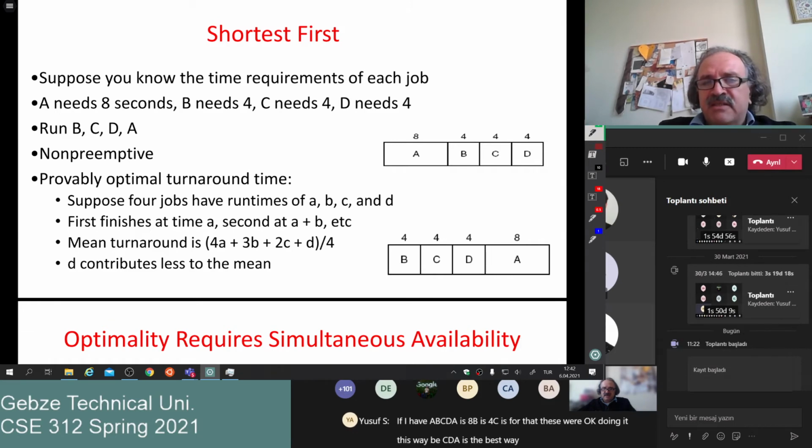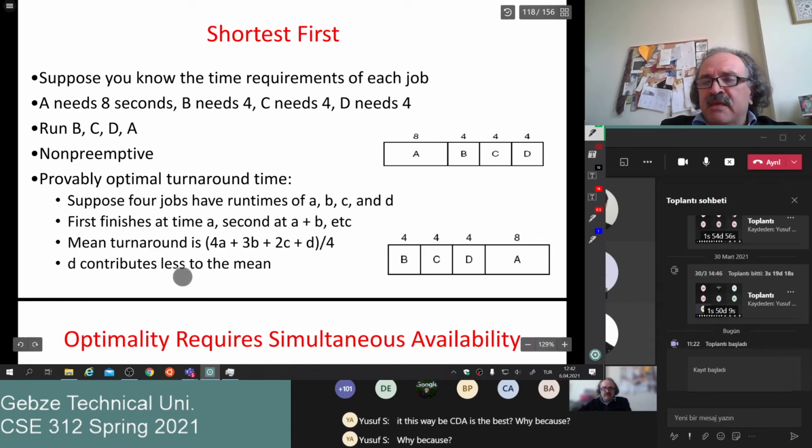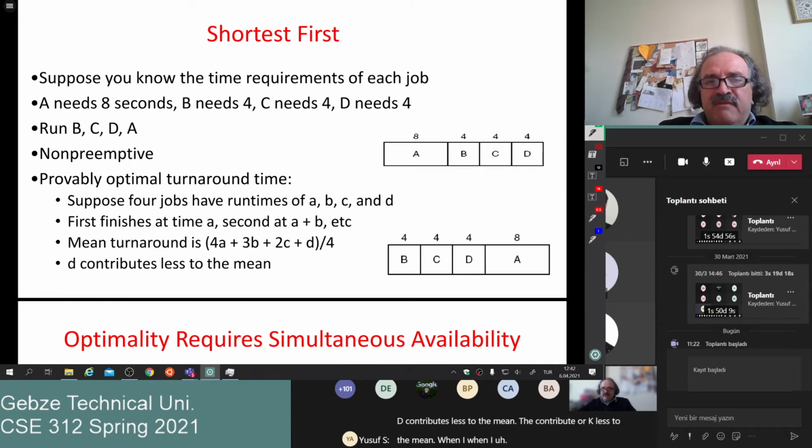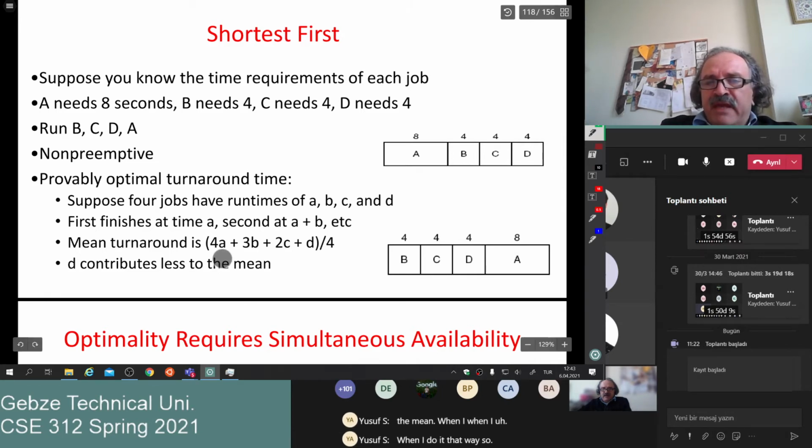Why? Because D contributes less to the mean when I do it that way. So 4A plus 3B plus 2C plus D over 4 is the best.